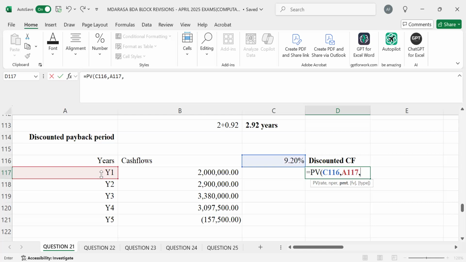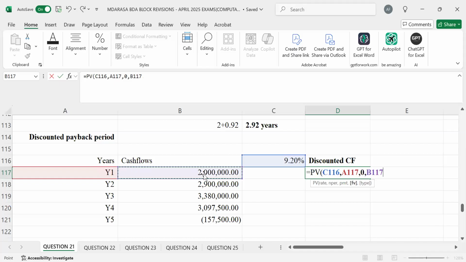We use PMT when dealing with an annuity, but in our case the cash flows are irregular, so we don't have PMT, but we have the future values for the cash flows.